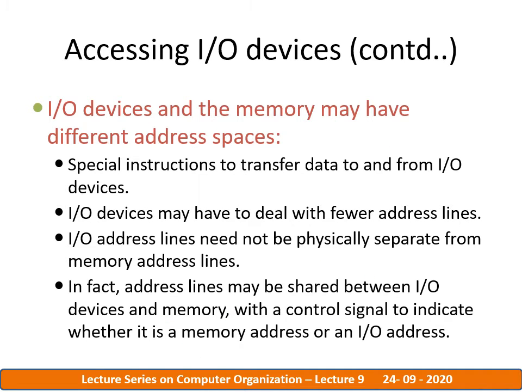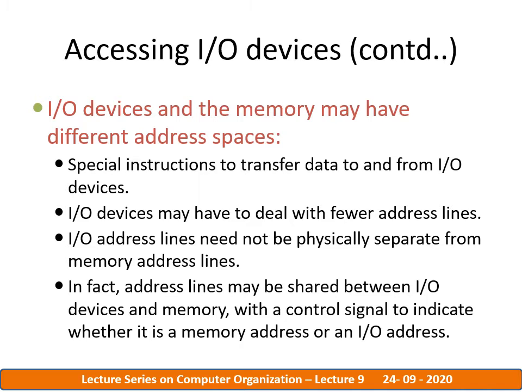Because of this failure, they designed one more technique called IO mapped IO, where the memory and IO address spaces are different. Memory and IO devices have different address space, but in memory mapped IO it is shared among the IO and memory devices.